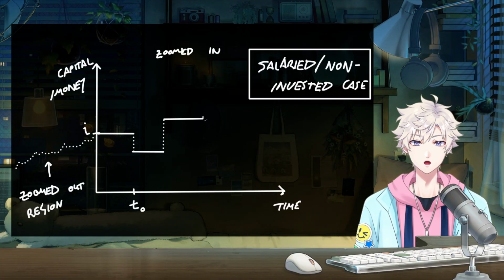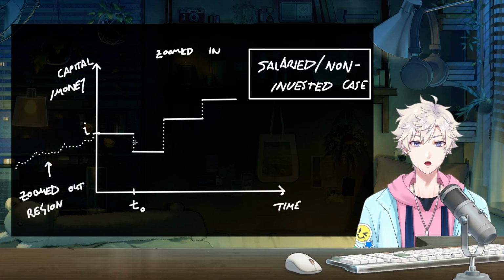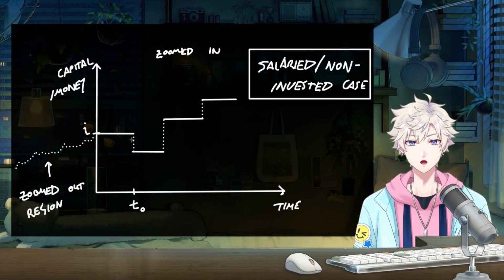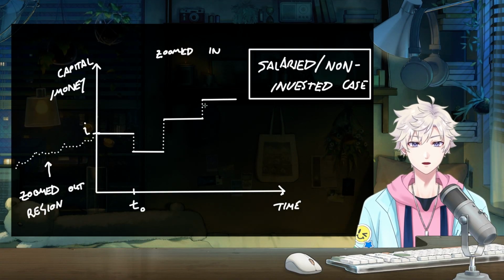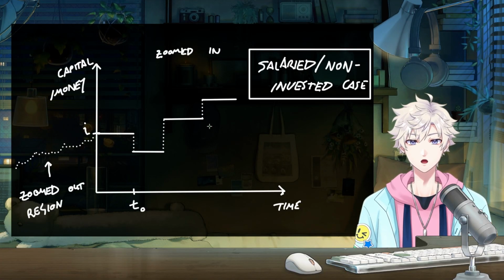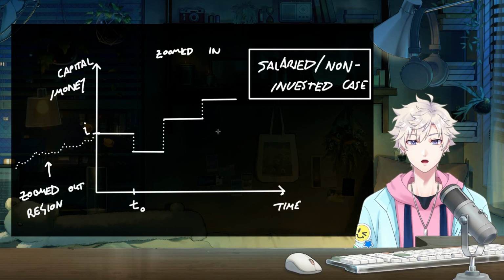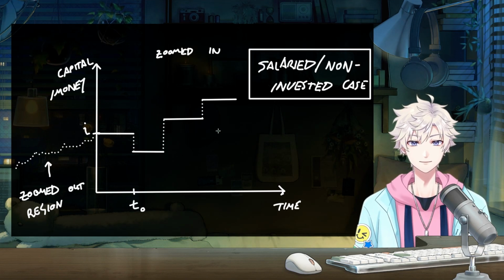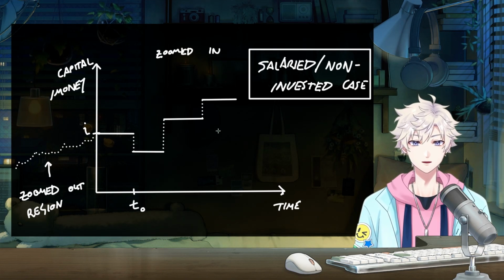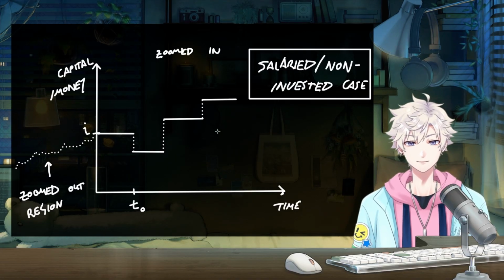So you can see that this initial zoomed out line that was bouncing around seemed kind of random. Its local behavior is entirely dependent on the person's actions. It's entirely dependent on whether they withdraw or whether they put in money.